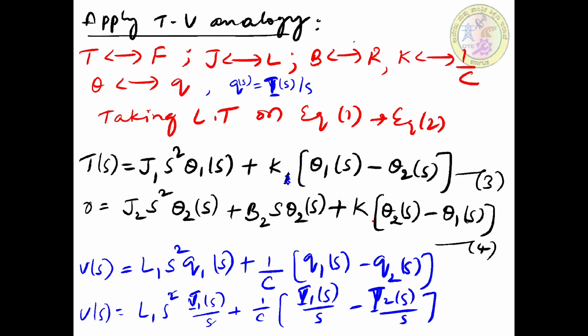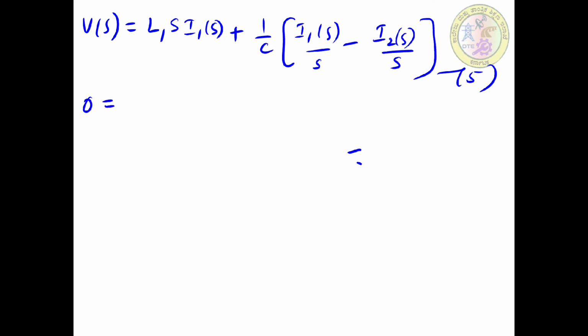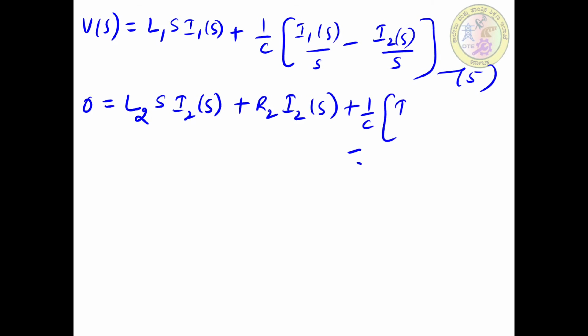Similarly, we have equation 4 where we still have to substitute the analogous quantities and simplify. Applying the same concept, we now have L2 s into I2 of s plus R2 into I2 of s plus 1 by C into I2 of s by s minus I1 of s by s.